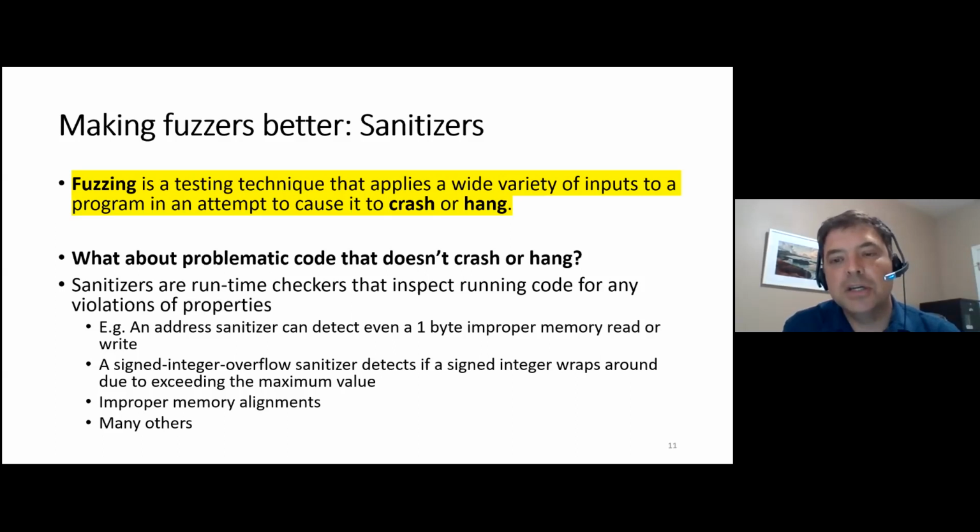But the sanitizers can catch those types of issues. The main trade-off, though, is that the more sanitizers you turn on, the slower the execution of that test code becomes, because now it has to check 10 things at once or 20 things at once, where before you weren't doing any checking.